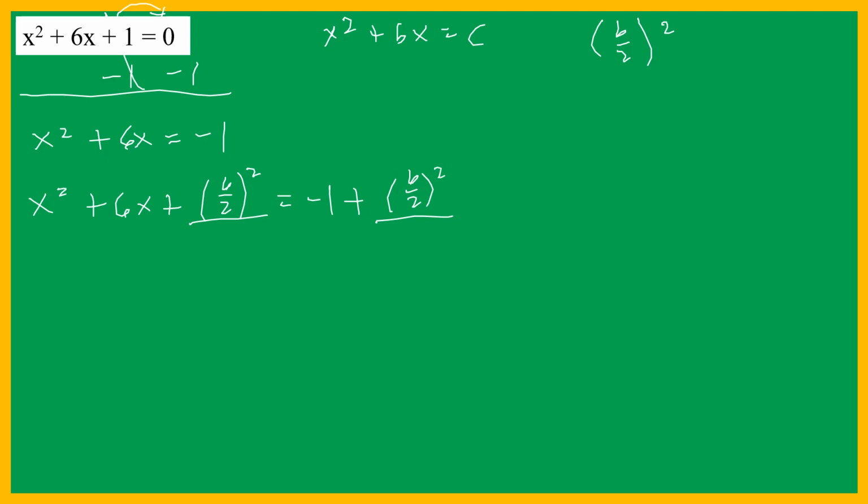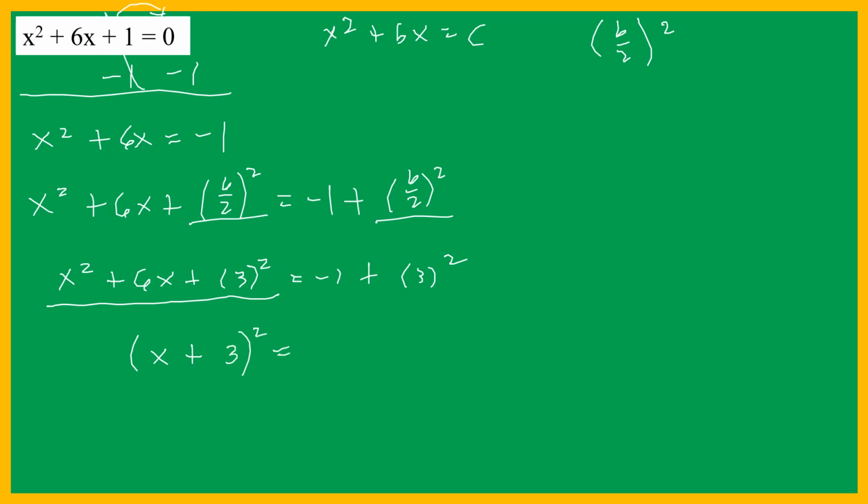And then, simplifying, we have x squared plus 6x plus 3 squared is equal to negative 1 plus 3 squared. And then this one is a perfect square trinomial. Factor na natin siya. That would be x plus 3 squared is equal to negative 1 plus 3 squared.